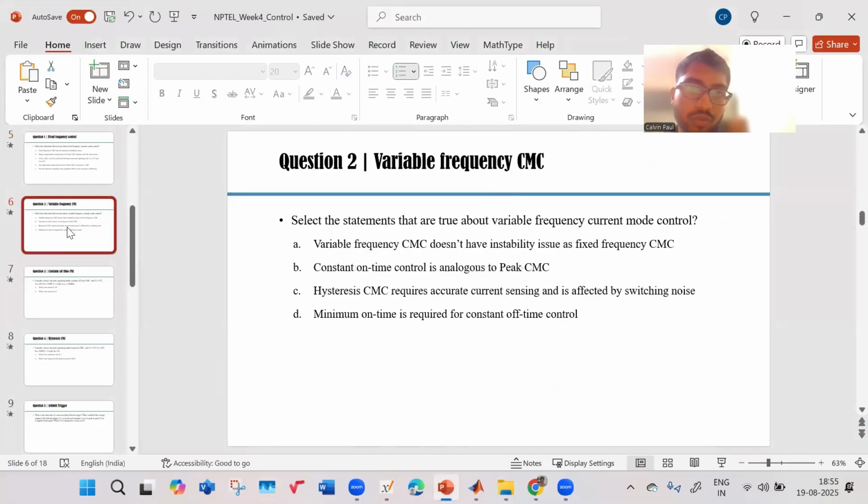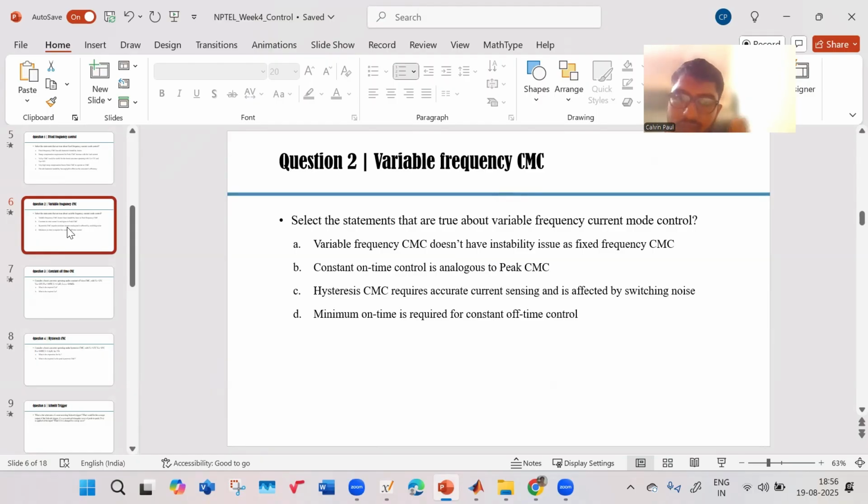So, question 2 is about variable frequency current mode control. Now, you tell me what is true, what is false. A is true.